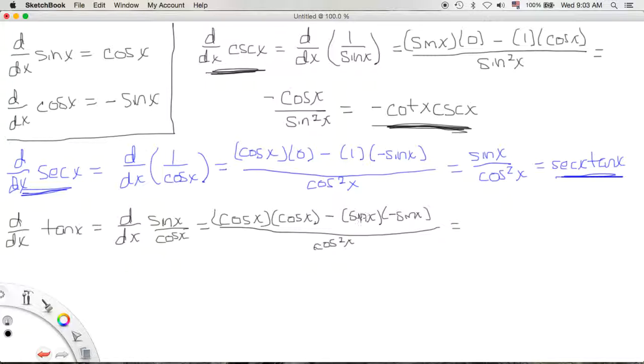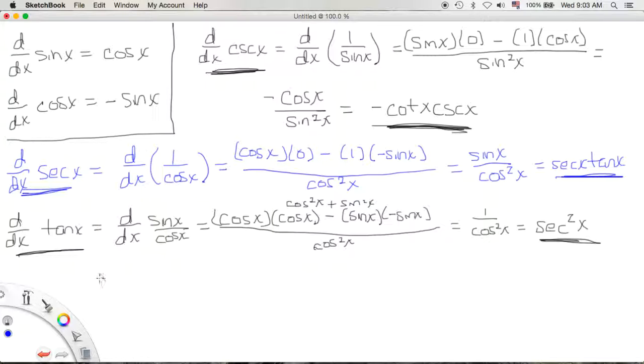Now, what is this? This is cosine squared plus sine squared, right? And from our trig identities, that's a Pythagorean identity, we know that's equal to 1. So the derivative of tangent is just secant squared x.